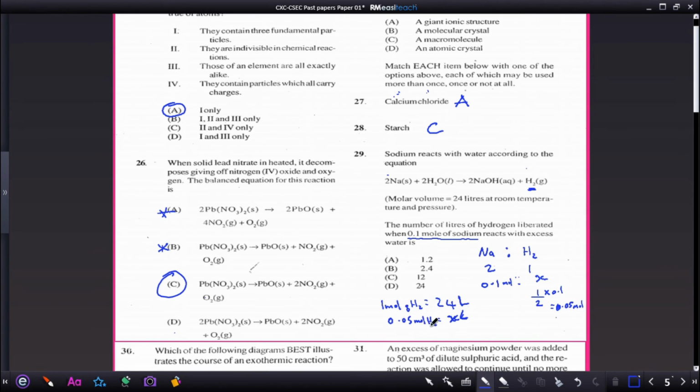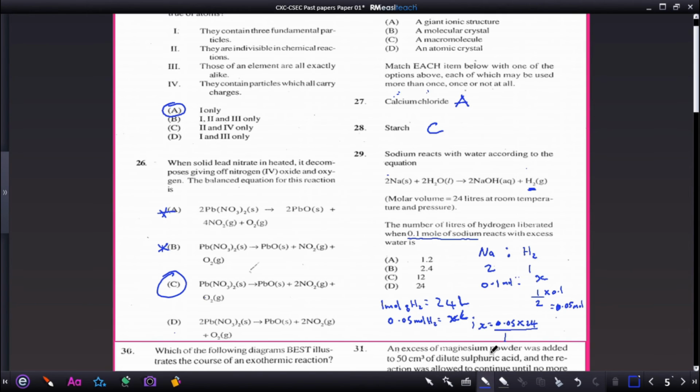So when we cross multiply, we would end up with X equal to 0.05 multiplied by 24 over 1. The mole will cancel the mole and the answer will be in liters.